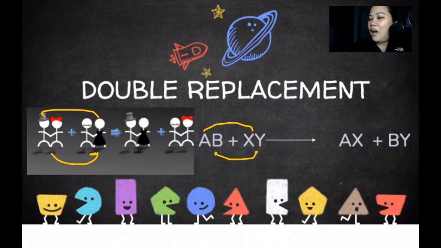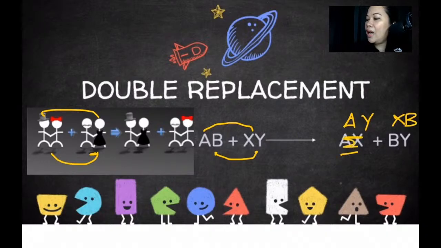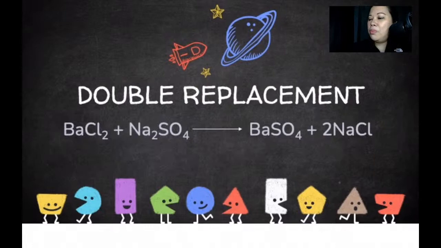Alright, so you have your AY, this should be AY, not AX. And then you have your XB. Sorry about that, that was wrong. So A will have a new partner, which is the Y, and then X will have a new partner, which is your B. An example would be BaCl2 and Na2SO4.